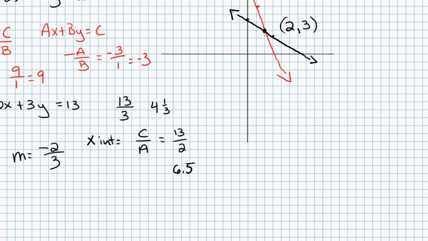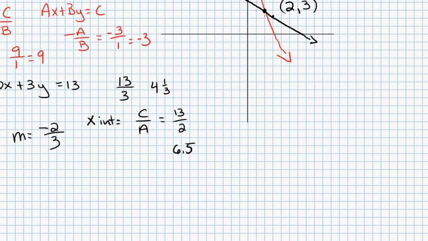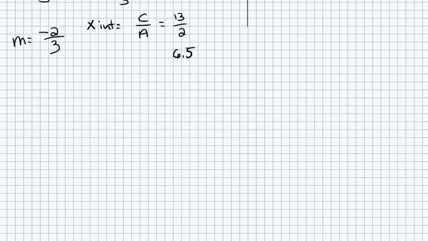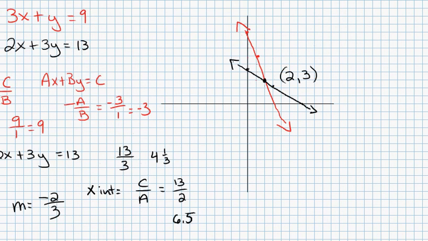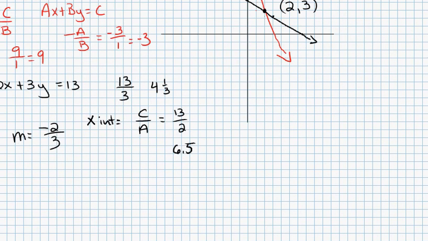So let's add some space to our paper here. My first equation again is 3x plus y equals 9. I'm going to check both of these. And my second equation is 2x plus 3y equals 13.